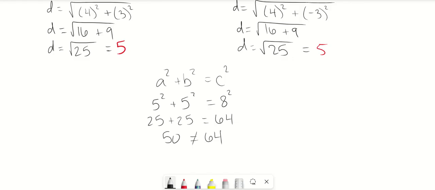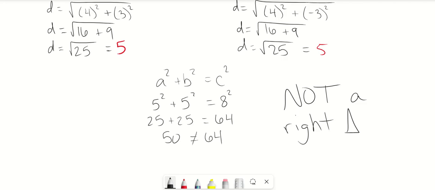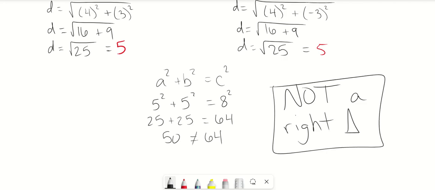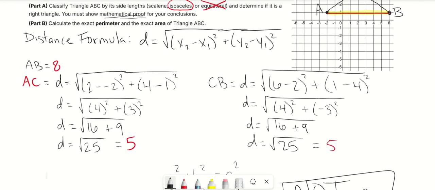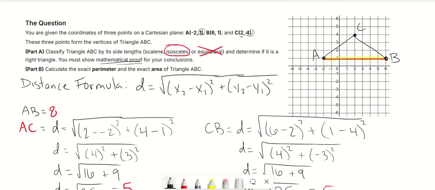So because we did not get the same value on both sides of that equation, this is not a right triangle. So what we know so far is that it's an isosceles triangle and it is not a right triangle.